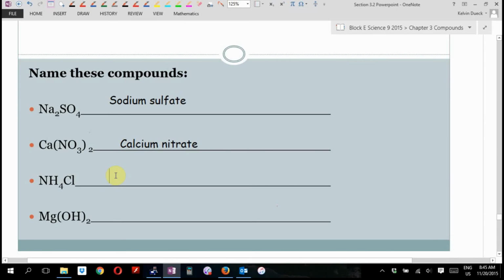What's this one here? Ammonium what? Oh, chloride. Now we'll bring the ide rule back. So this would be ammonium chloride. Not to be confused with chlorite or chlorate, which are also on your sheet somewhere.